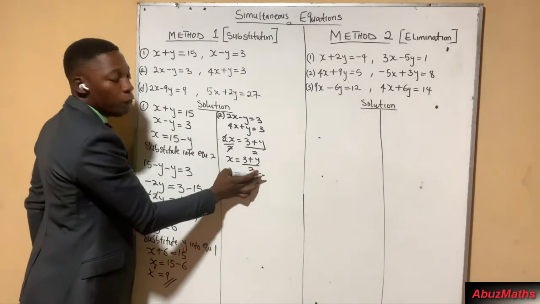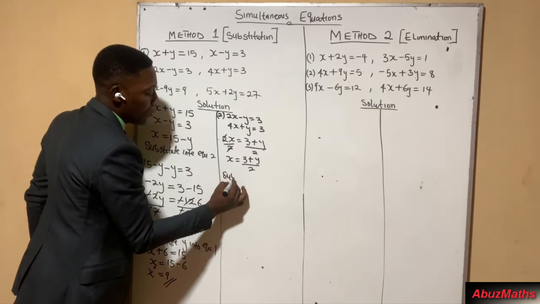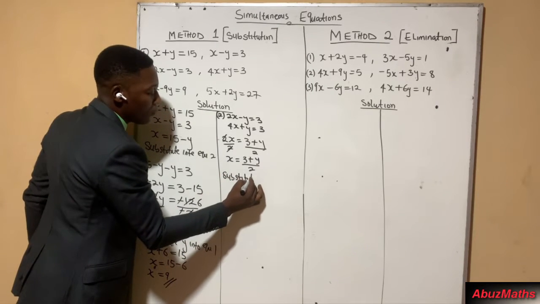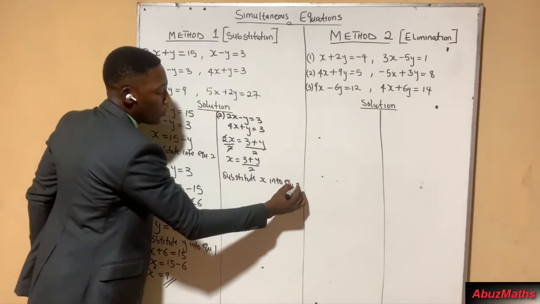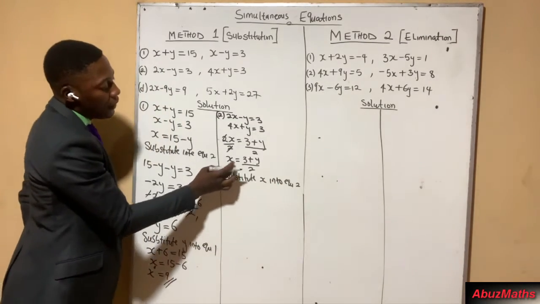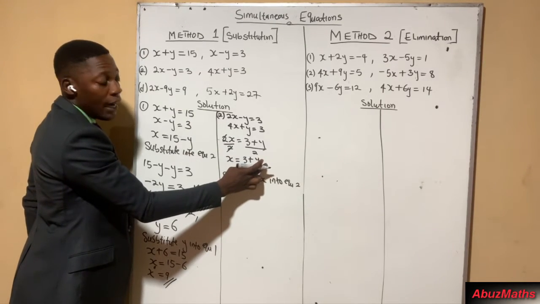Now if I substitute this value for x into equation 2, anywhere I see x in equation 2, I change it to 3 plus y over 2.